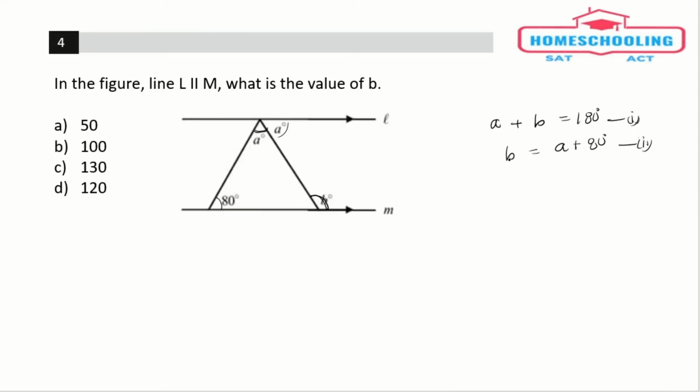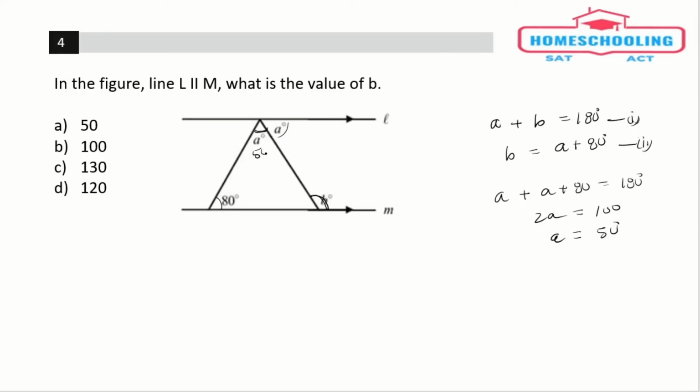So from both the equations, if we put B in the first equation, A plus B is A plus 80 degrees is equal to 180. So 2A is 180 minus 80, that would be 100. A is 50 degrees.